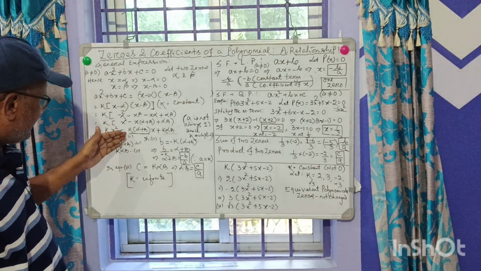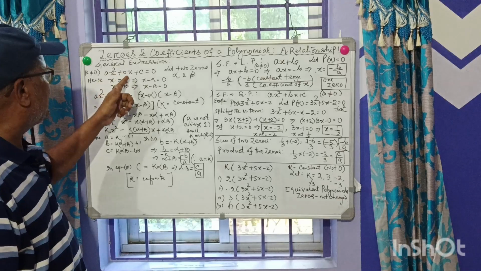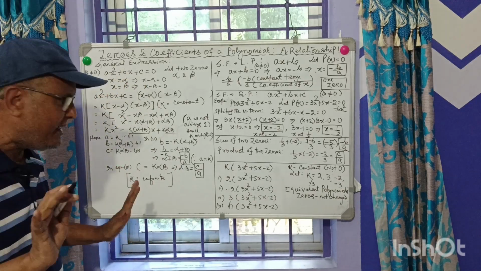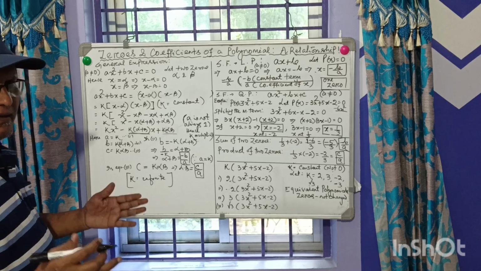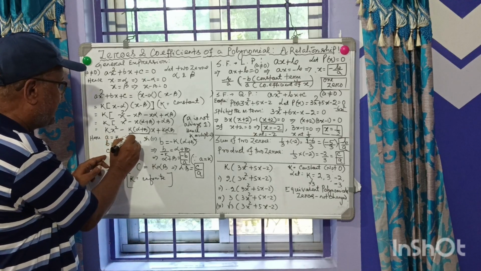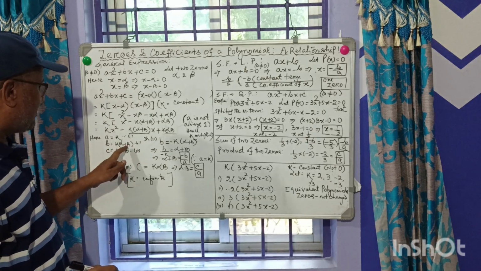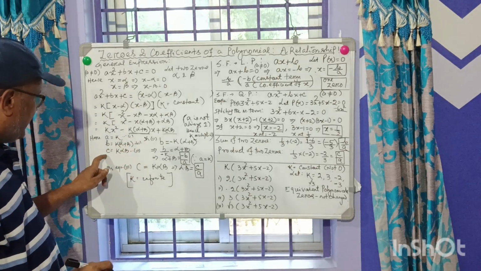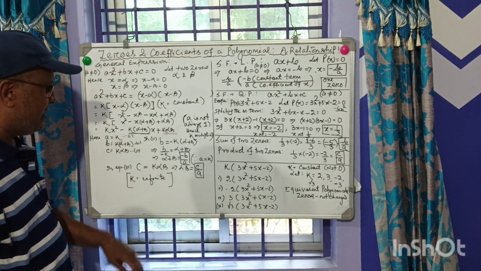So this expression is in the form of ax² + bx + c. Now come to the very simple and very interesting part. a = k is equation 1. b = -k(alpha + beta) is equation 2. c = k alpha beta is equation 3.